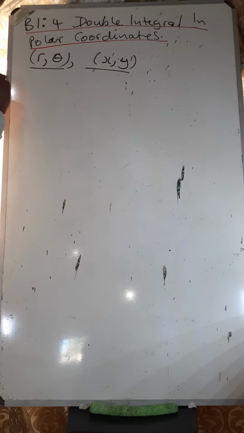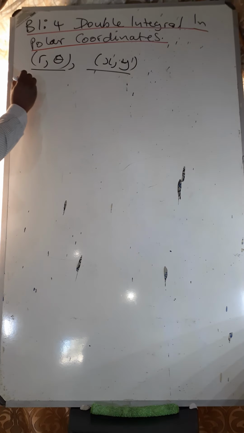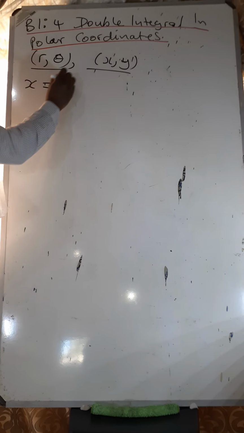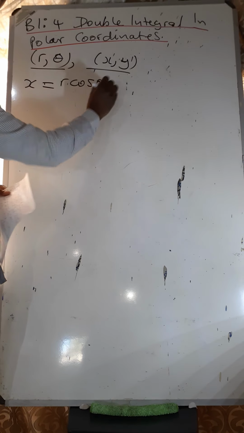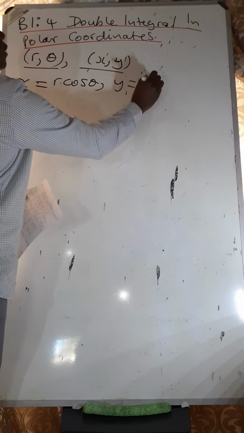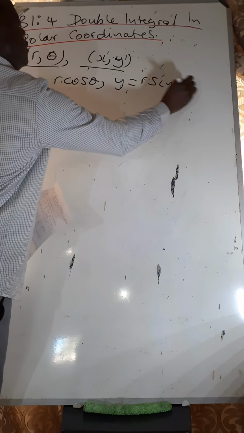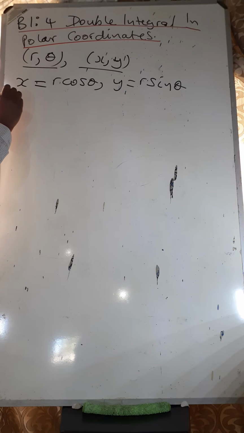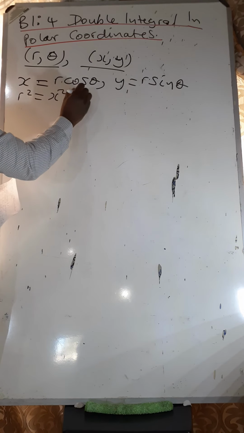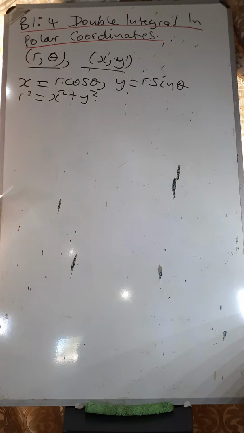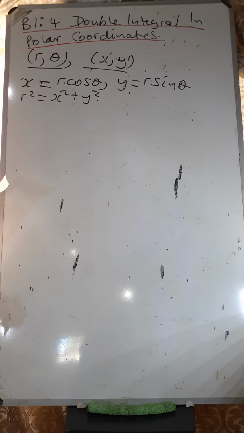Remember, we have the relationships as x is equal to r cos theta and y is equal to r sin theta. Then r squared is equal to x squared plus y squared. Okay?